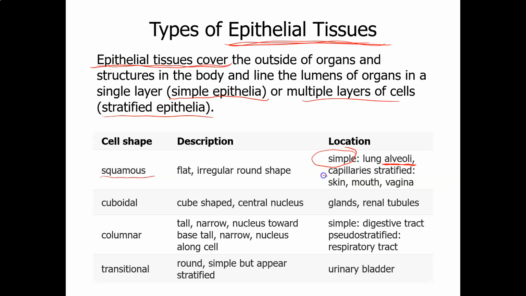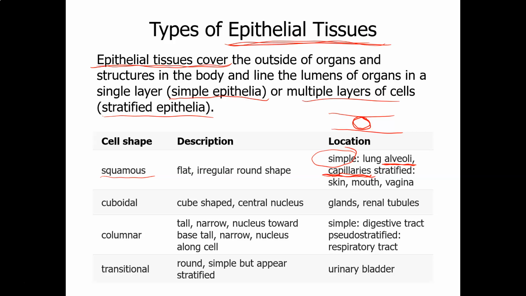So are your blood capillaries. These are microscopic. The diameter of a blood capillary is actually a little smaller than the diameter of a red blood cell. So the red blood cell has to kind of squish itself in order to get through the capillaries.